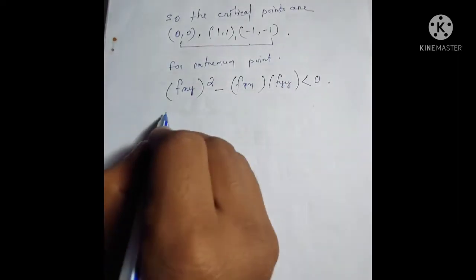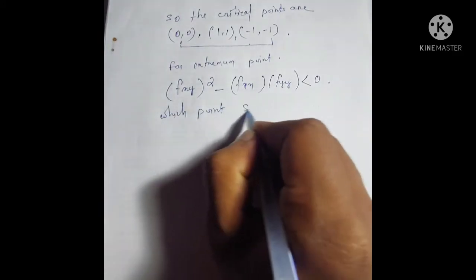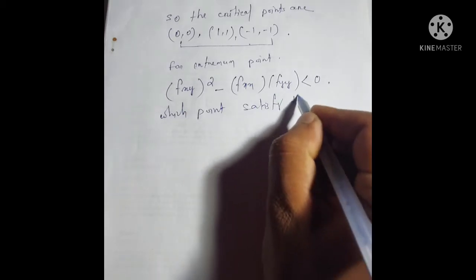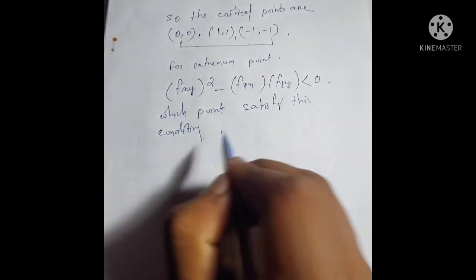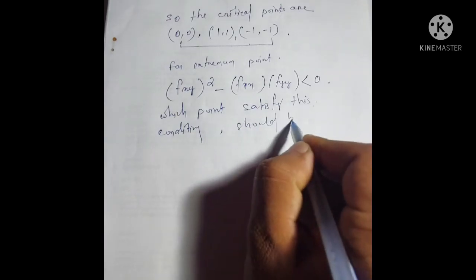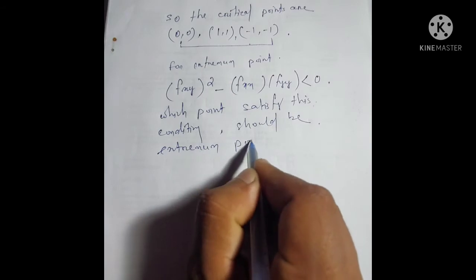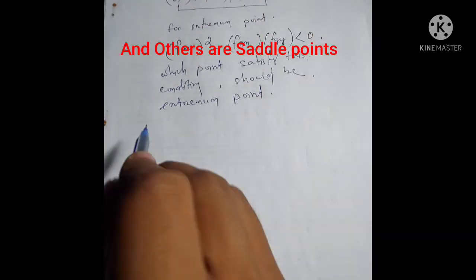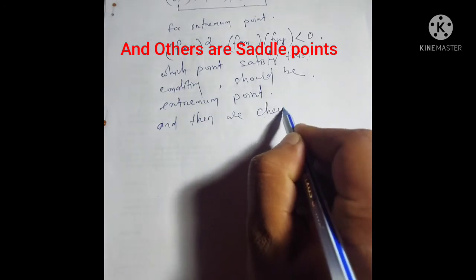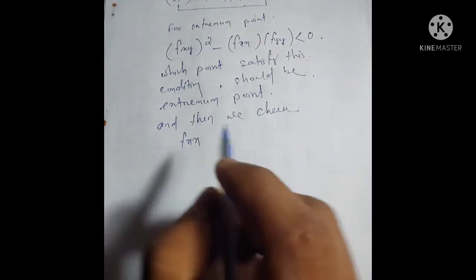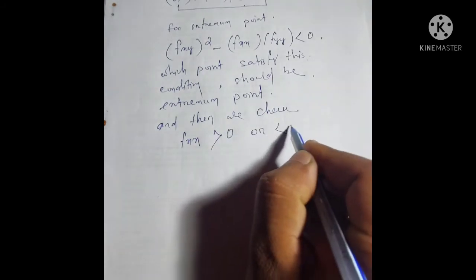The point which satisfies this condition is an extremum point. And then we check whether f xx is greater than 0 or less than 0.